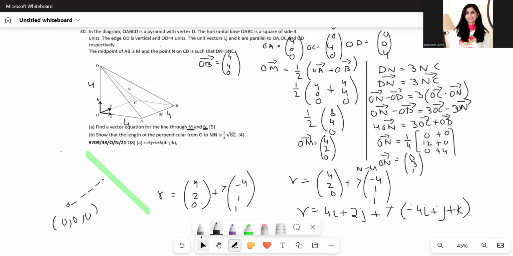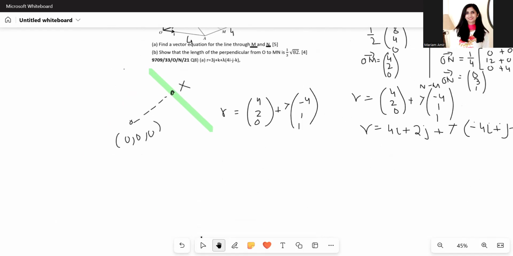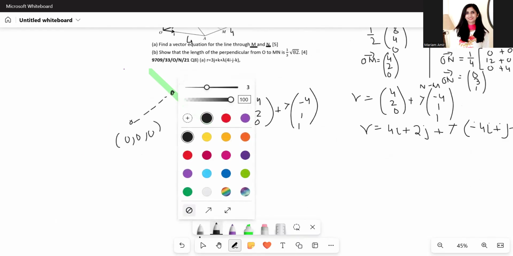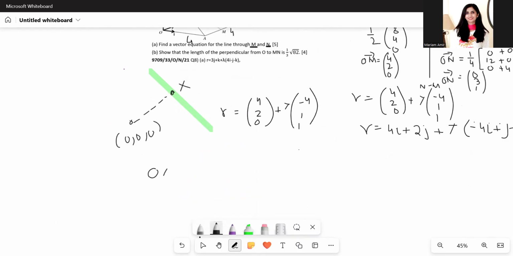All right. First thing we'll do is name this foot of the perpendicular. Let's call it X. So now we need the vector OX. Since X lies on the vector line, it will be the same as this equation: 4 minus 4 lambda, 2 plus lambda, and lambda. That is OX.